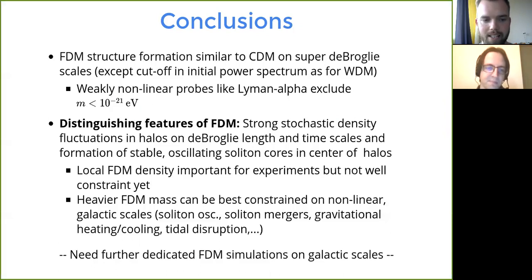And then, as I said, heavier fuzzy dark matter masses of around 10 to the minus 20 eV or so are best probed and constrained on these nonlinear galactic scales by solitonic oscillation mergers, by gravitational heating and cooling due to the interference pattern, tidal disruption, and so on. So that really shows why in the future we need further dedicated fuzzy dark matter simulations, especially on these scales, and that's something that I will definitely pursue further in the future.